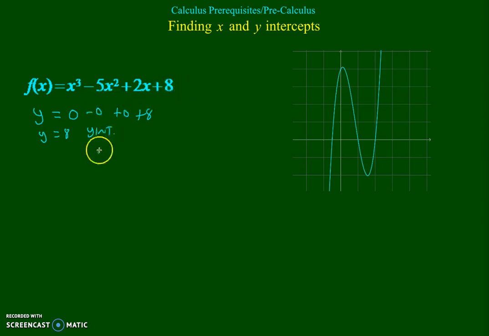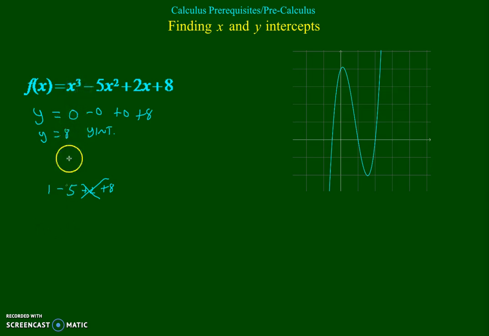Let's start with 1, and we have 1 cubed, which is just 1, minus 5 times 1 squared, which is 5, plus 2 times 1, plus 8. So this is going to give us 1 minus 5 is negative 4, plus 2 is negative 2, plus 8 is 6. So this is not a zero. Let's try negative 1.